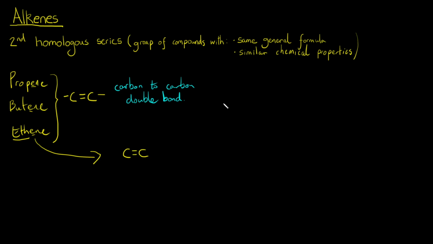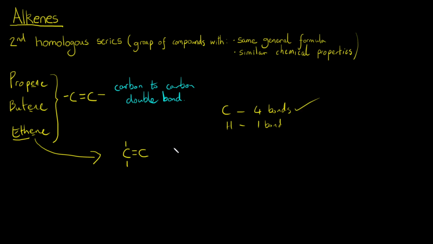Now, if you remember back to those rules that I talked about, every carbon within a molecule wants to make 4 bonds, and every hydrogen only wants to make 1 bond. So let's have a little go at completing the rest of this. The first carbon has already got 2 bonds on it, so it needs another 2, one bond and then a second bond. Now this first carbon has 1, 2, 3, 4 bonds.